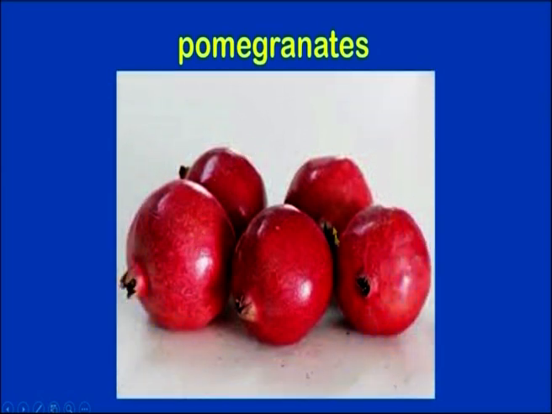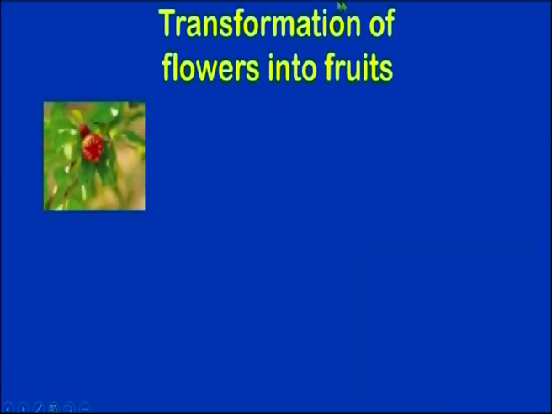Pomegranates. Wow, the fruits are so beautiful, isn't it, children? Let us see how they are formed. Transformation of flowers into fruits. Transformation is nothing but the changing of flowers into fruits. Here we see a bud of the pomegranate flower.